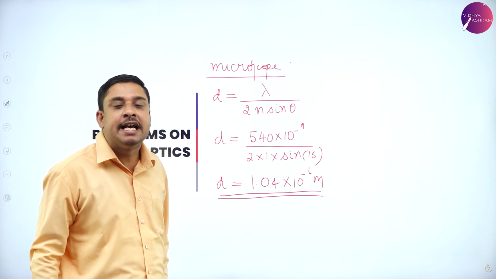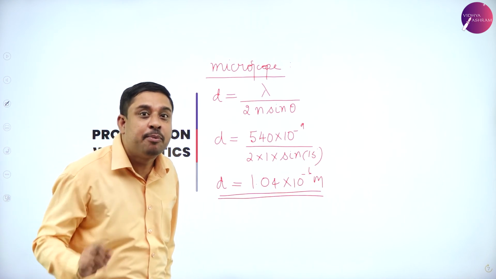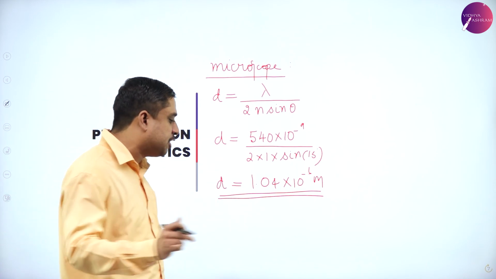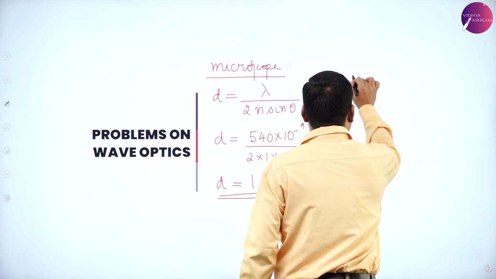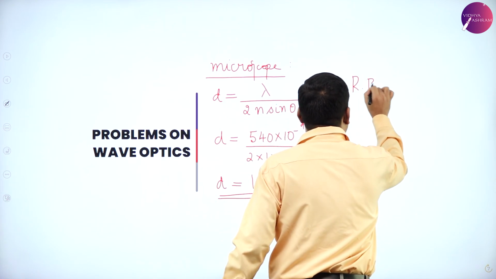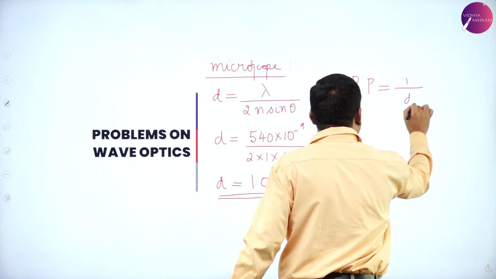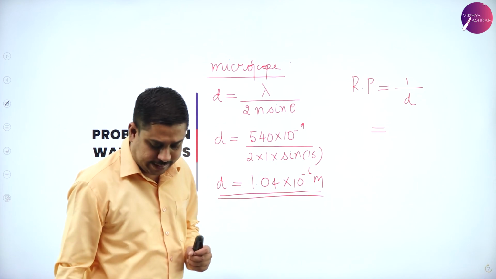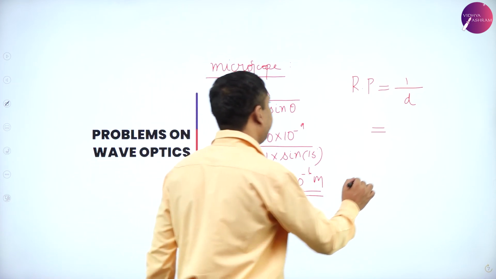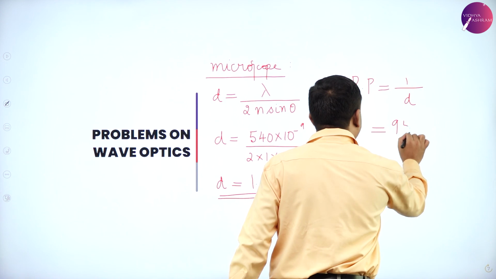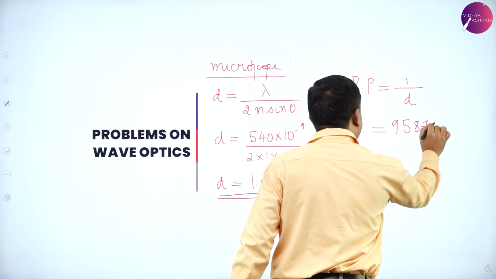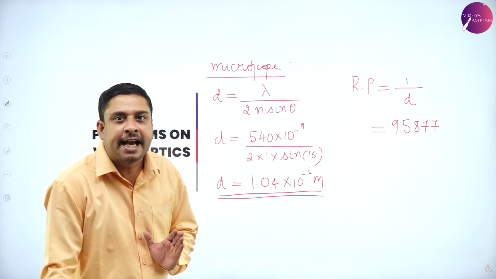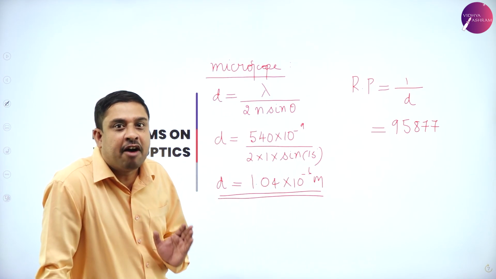So we say RP, resolving power, is 1 divided by D. So when I take the reciprocal, it is 95877. Please do these simplifications. Simplifications for you all. You will have to do that.